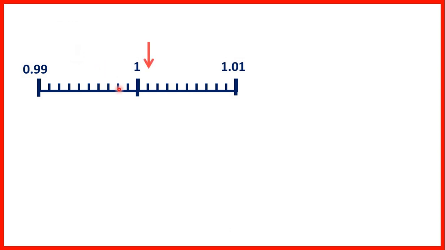So here the arrow is pointing 4 thousandths after 0.99, so that's 0.994. Here we have 1 thousandth after 1, so that's 1.001, because the third digit after the decimal point is the thousandths digit, and each of these small lines represents 1 thousandth, so we need 0 in our tenths and hundredths to show that this 1 is 1 thousandth.